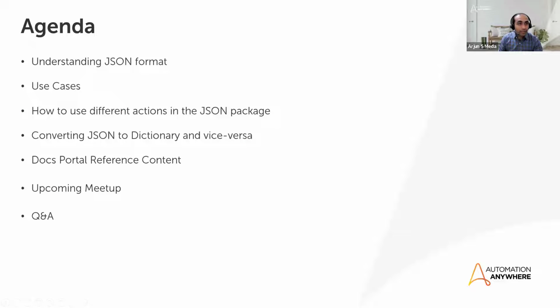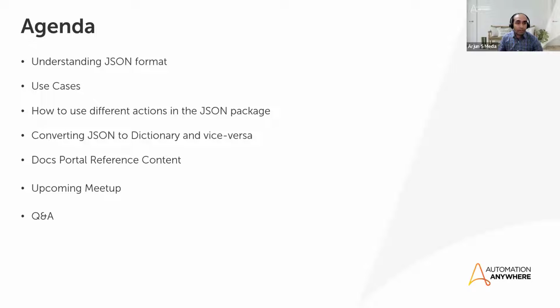Let me quickly take you to the agenda. Because our primary focus for this session is JSON, we'll start with basics in case some of you have not worked with this format before. We'll try to understand what JSON format is. Where would you want to even use JSON format? It's very important to understand the use cases before you invest time into learning something.